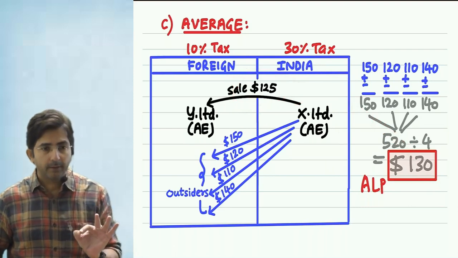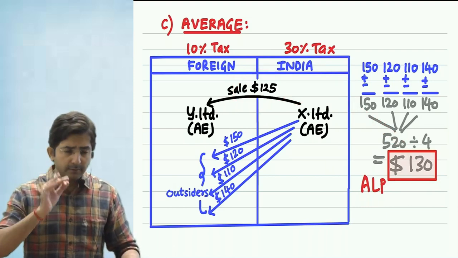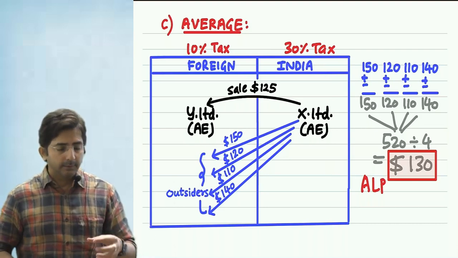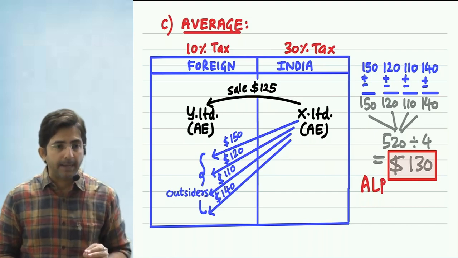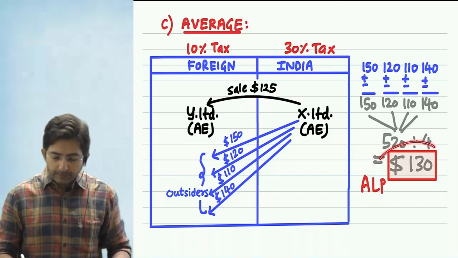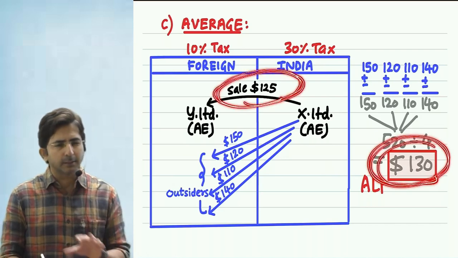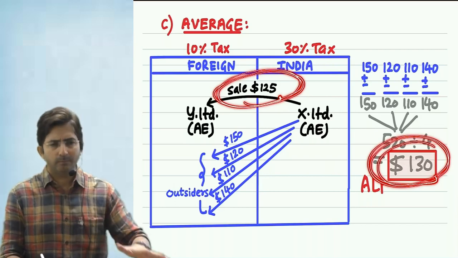But wait, listen now, the next point is very important. Whenever there is a situation of calculating average, there is a tolerance band. That means if the difference between this ALP and the actual price is a small difference, government will let go.